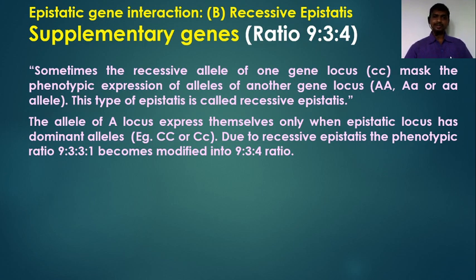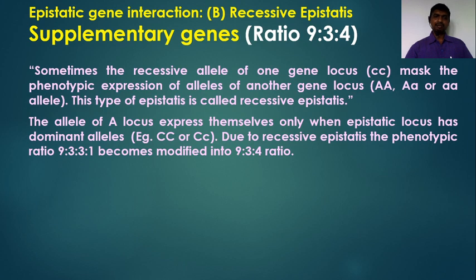So in recessive epistasis, for example supplementary genes, there are two genes, C and A. The C gene is the epistatic gene, the A gene is the hypostatic gene. When the C gene is recessive, it is not able to allow the phenotypic expression of gene A. If it is dominant, whether homozygous dominant or heterozygous dominant, that is capital C capital C or capital C small c, then only the A gene gets expressed.